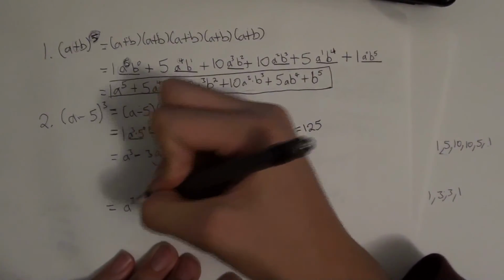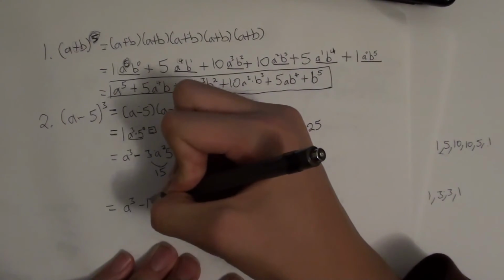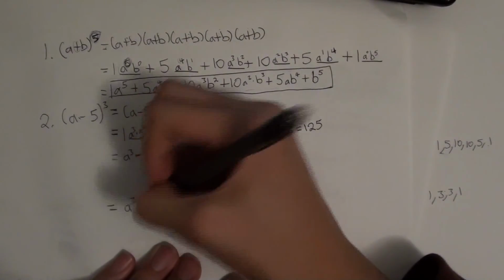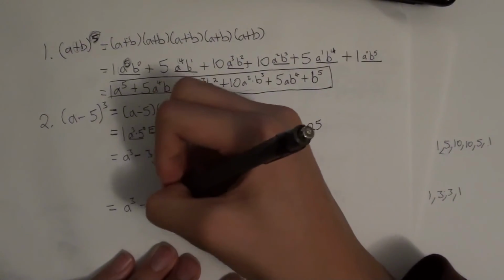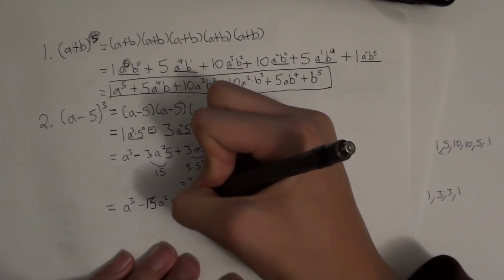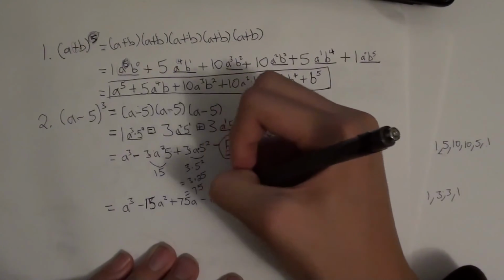So we're going to draw this into the final answer. a cubed, that's pretty simple, minus 15a squared plus 75a minus 125.